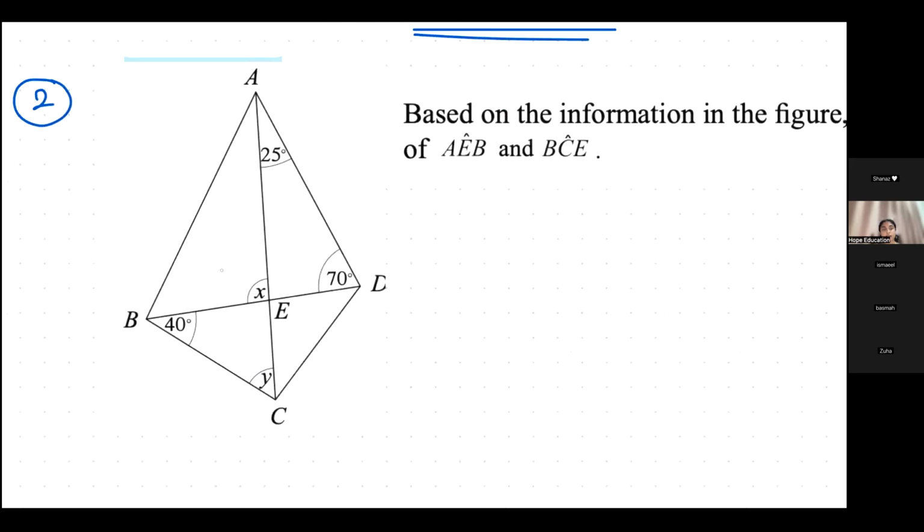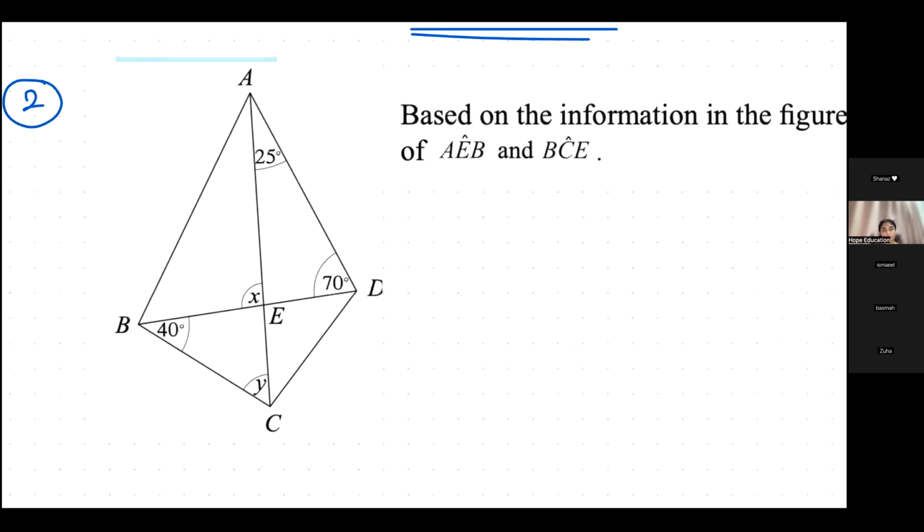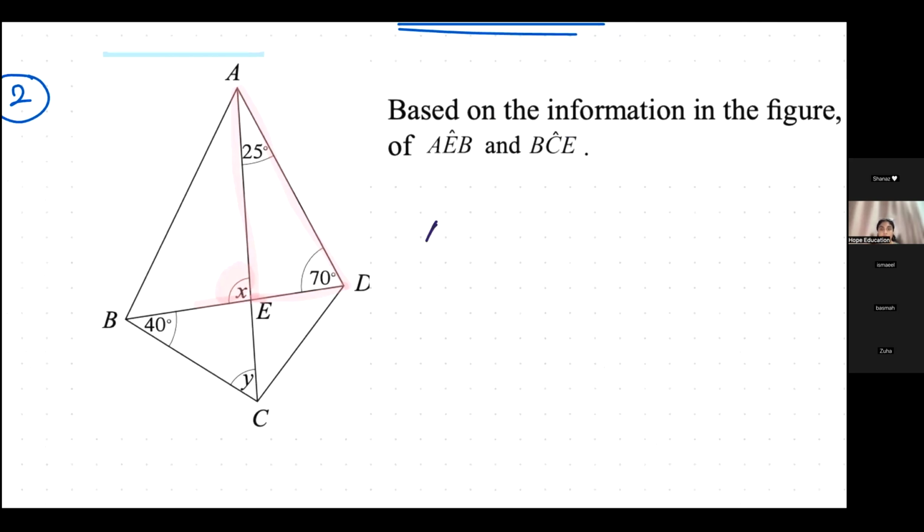If you consider this triangle, AED, can you see that X is an exterior angle?